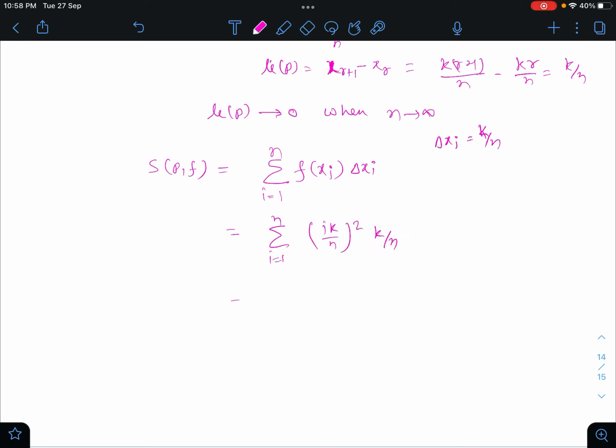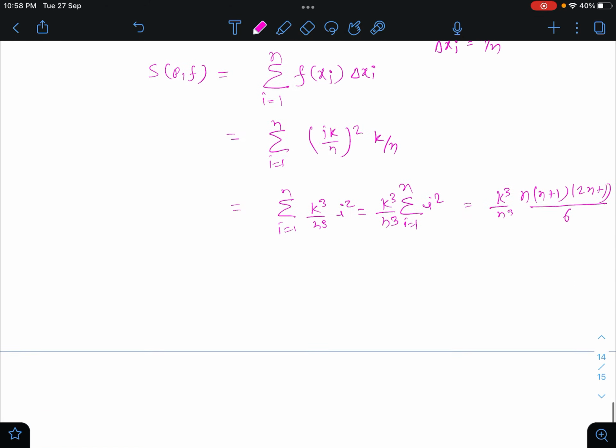So the summation, i from 1 to n, of k cube upon n cube times i square, which is equal to k cube upon n cube times n(n plus 1)(2n plus 1) divided by 6.